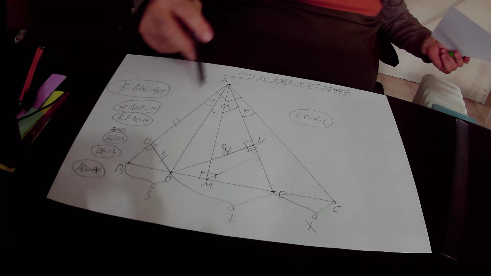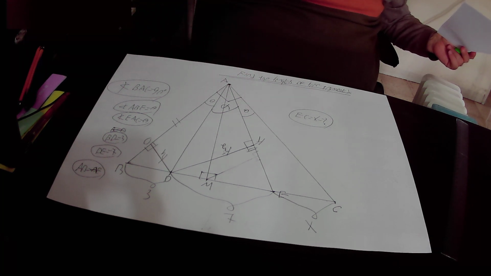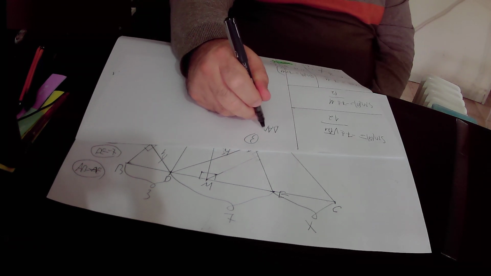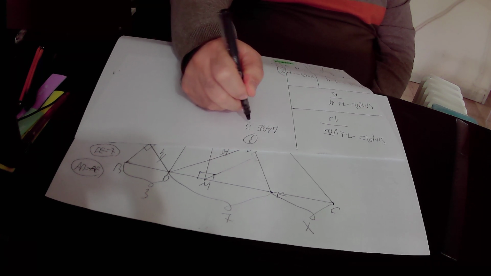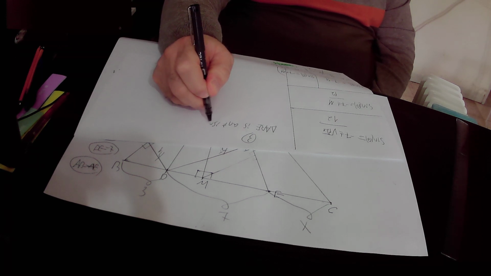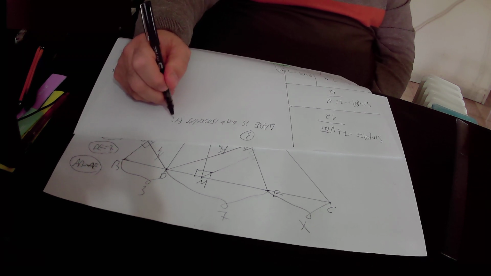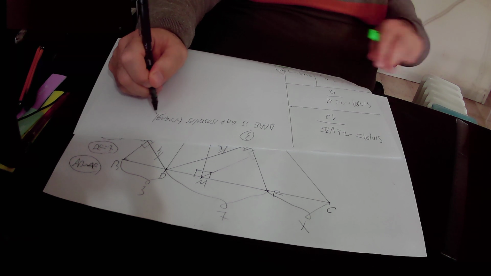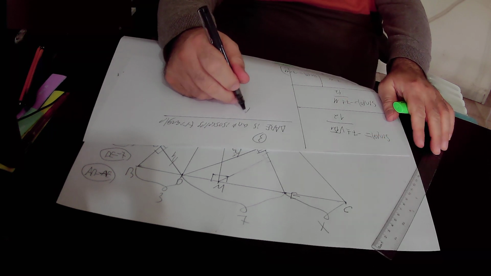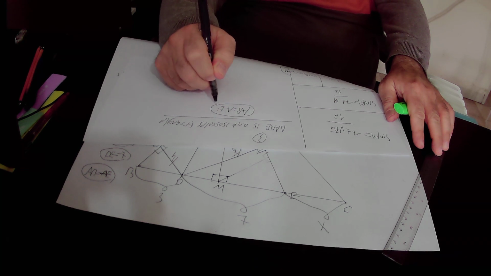From the fact that AB equals AE, we conclude that triangle ABE is an isosceles triangle, because it has two sides that are equal to each other, that is to say AB equals AE according to what is given in the question.